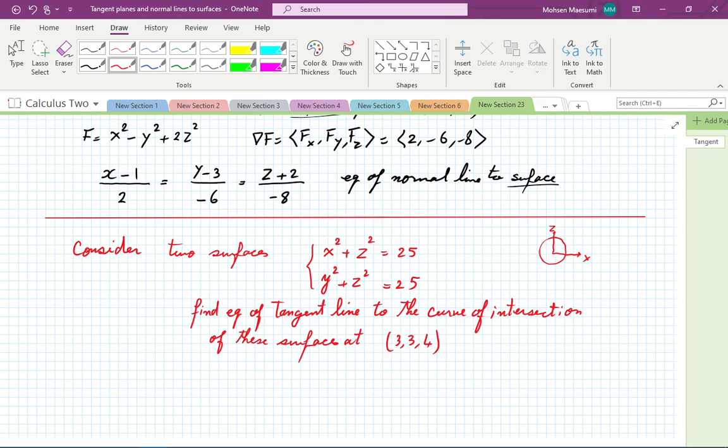This is a cylinder whose axis is in the y direction and has a radius of 5. And this other one, y squared plus z squared, that's another cylinder. The axis of this one is x-axis, and the radius of this one is, fortunately, 5 again. So we have two cylinders with two axes, one x, one y, and they are intersecting each other.